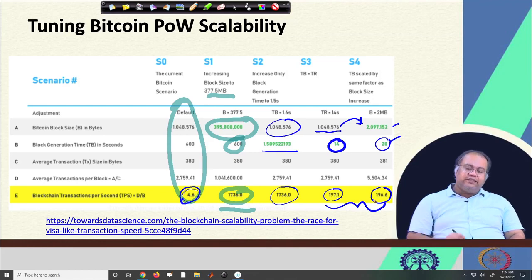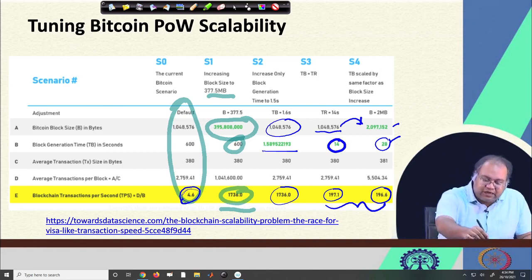From all this discussion, what we understand is that there is a limitation on the transaction throughput we can achieve on the Bitcoin blockchain with a proof of work based system. We cannot increase it unilaterally, or make it equal to Visa. It is practically impossible to make it equal to Visa.